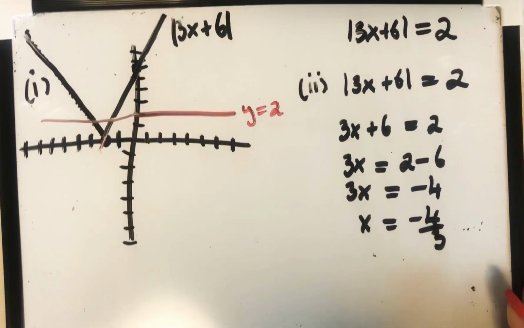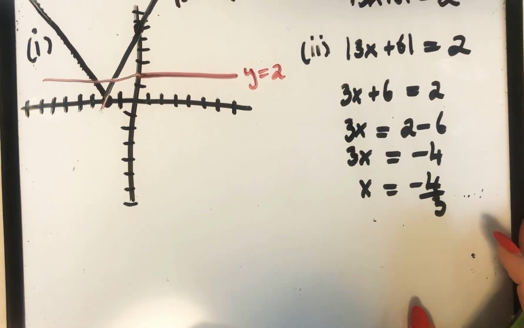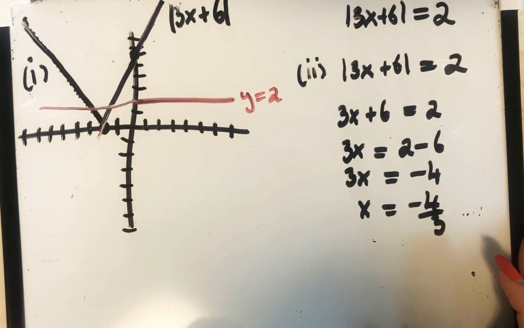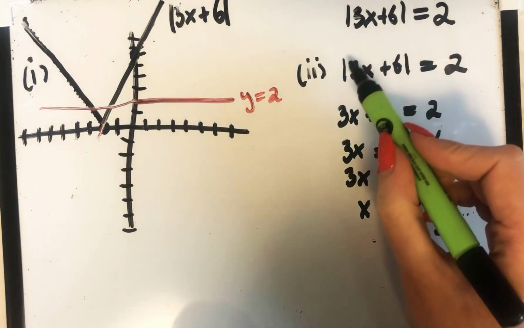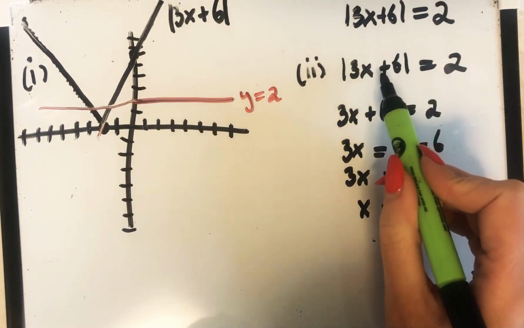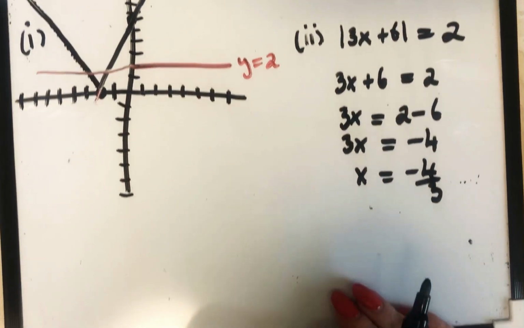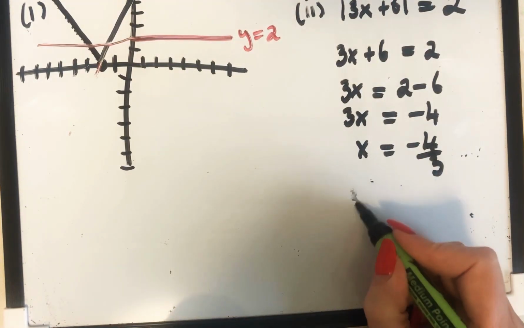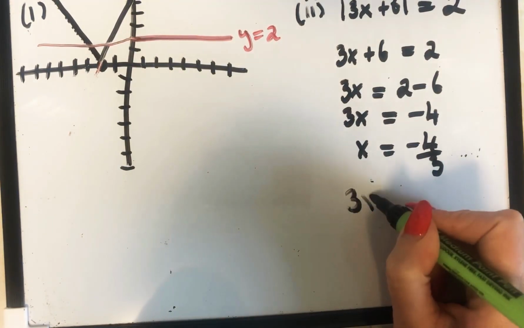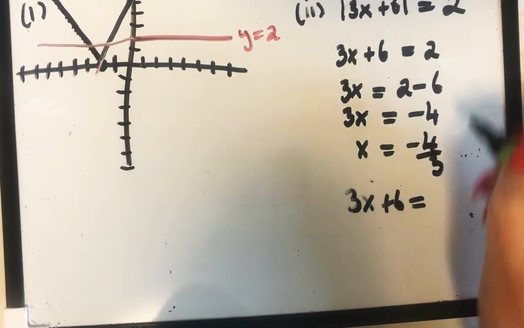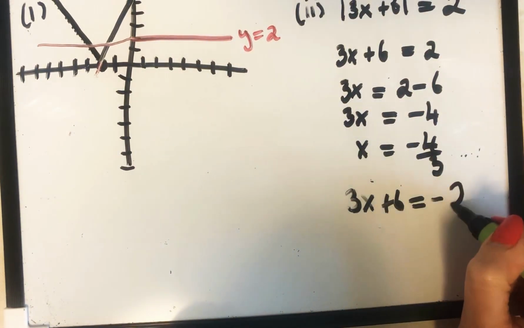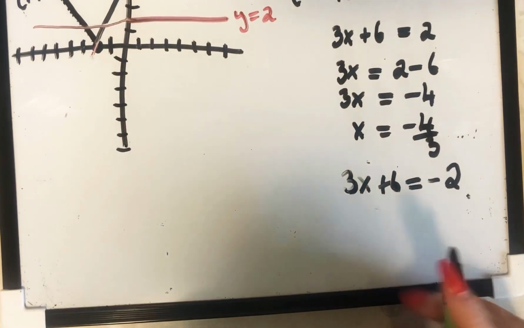That is one solution. But don't forget, the modulus can be the positive and the negative because we're only taking the positive here, but it possibly could be negative as well. So now we're going to equal our function to negative 2. And we're going to solve to find a value for x again.